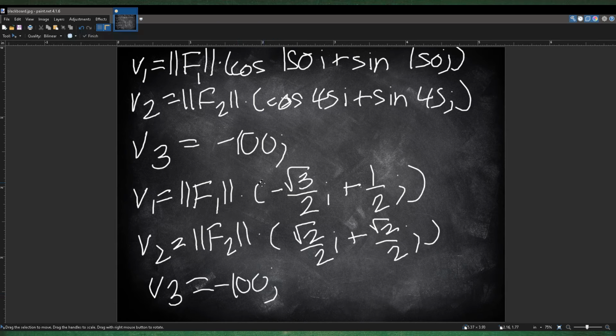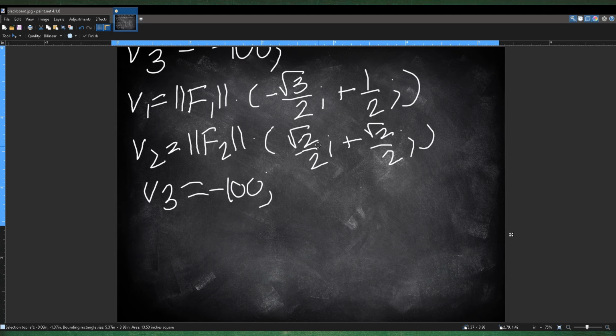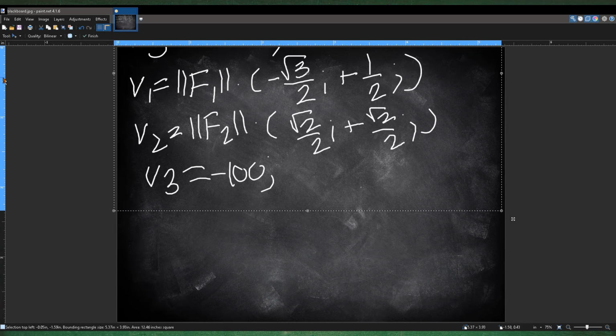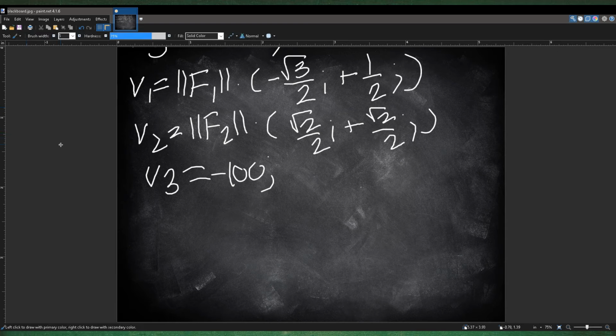Okay, so now instead of polar form, we have rectangular form. It's easy to deal with. For static equilibrium, it states that vector 1 plus vector 2 plus vector 3 adds up to 0, right? Since there are i's and j's, the i's have to add up to 0 and the j's have to add up to 0.